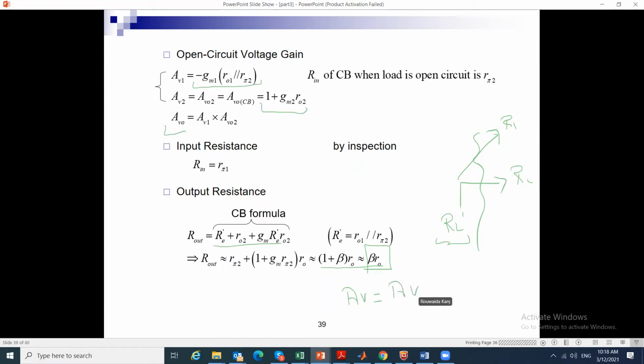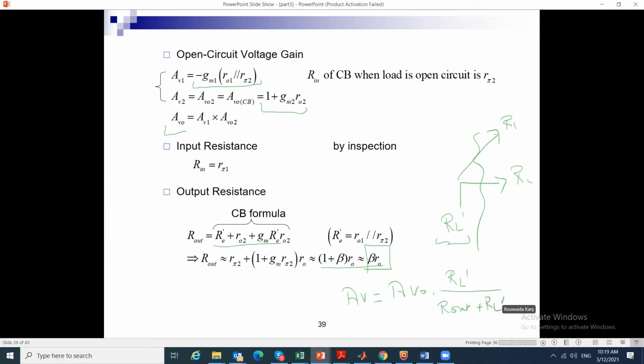What is the gain as function of AVO? You can automatically plug in what? Exactly. So it will be RL prime over R out plus RL prime.